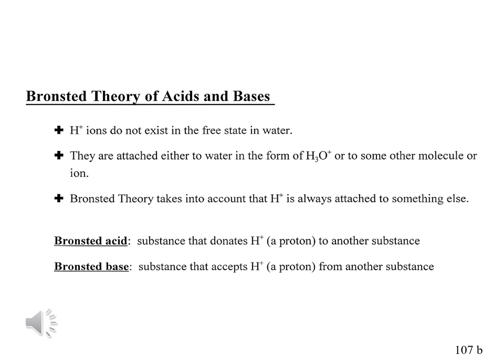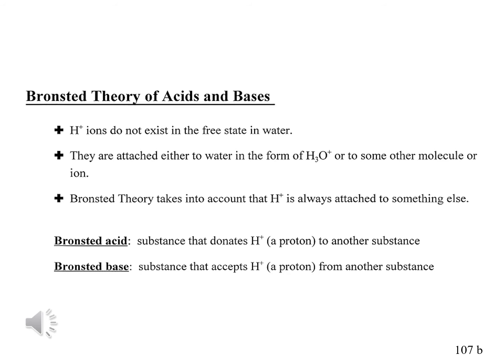So Bronsted theory never allows H+ to be free. It's always going to be two ions, or a molecule and an ion, and the H+ is just going to get transferred from one to the other.